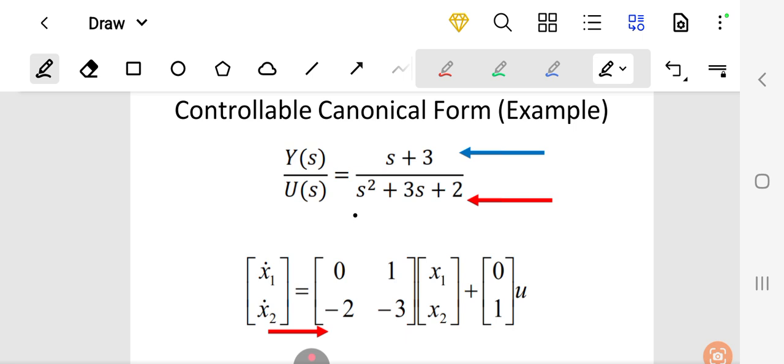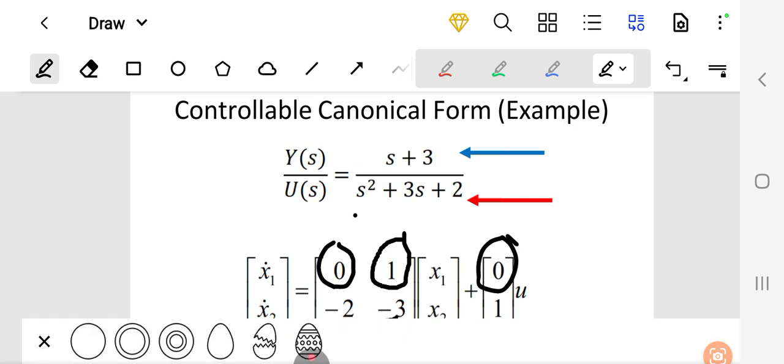For the first row, first column will be 0, and the first row, second column will be 1, representing the identity matrix. For the U, all zeros and the last row equals 1.